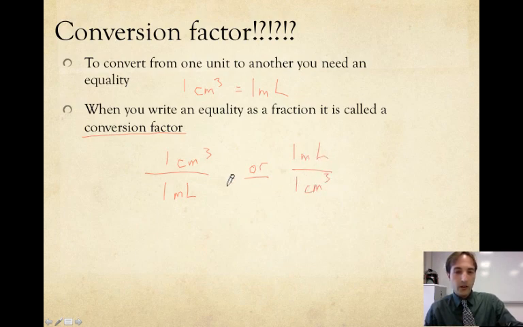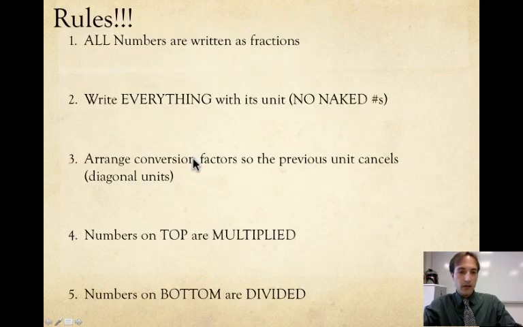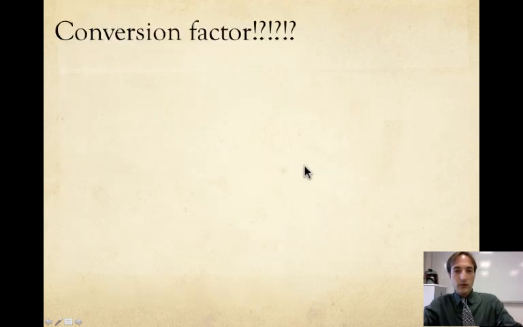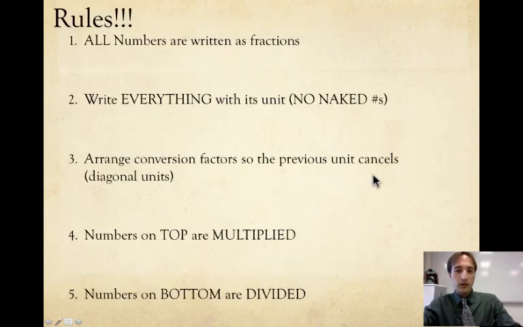The way you determine whether to put centimeters cubed on top or milliliters on top goes back to this rule back here where we said that we arrange it so the units cancel. Right? We arrange it so the units cancel. So you want that diagonal setup so that centimeters cubed is diagonal to the units that it needs to cancel, or milliliters.